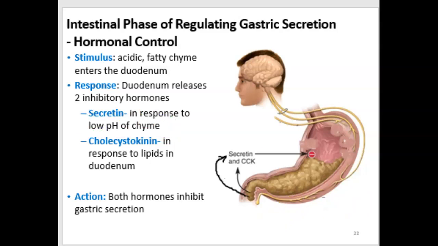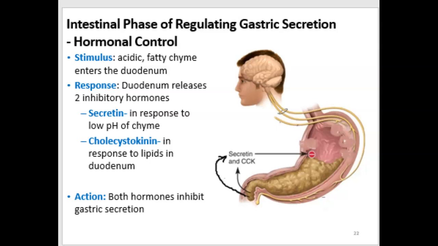And it's also important for you to know that the small intestine makes another hormone called cholecystokinin when lipids are detected in the duodenum. Right now, all you have to know for their actions is that those two hormones will inhibit gastric secretion. Okay?